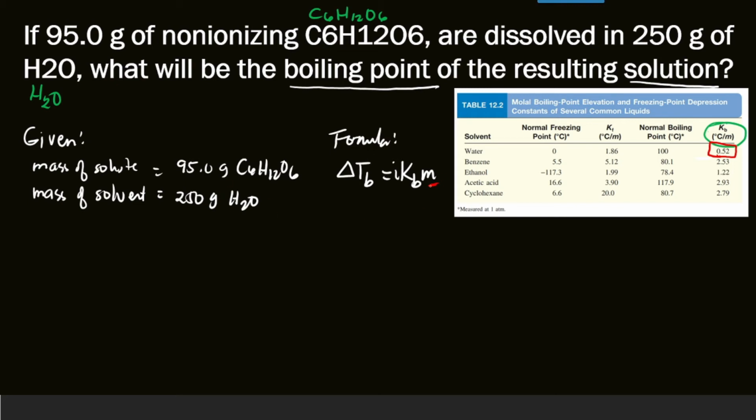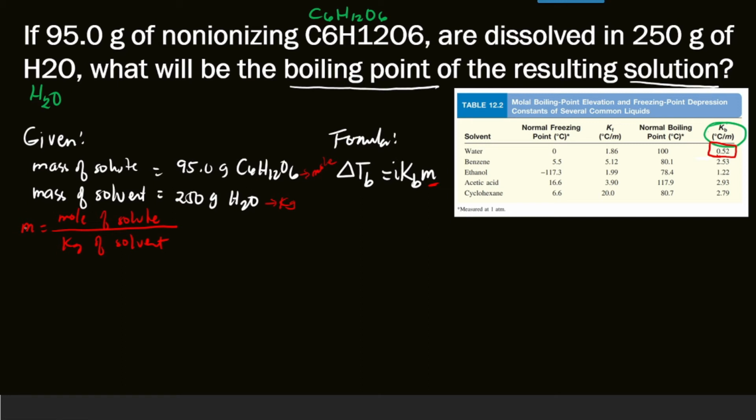Knowing that molality is equal to the moles of solute over kilograms of solvent, if we analyze it, our given is in grams, so mass. We need to convert this into moles, and the solvent into kilograms.